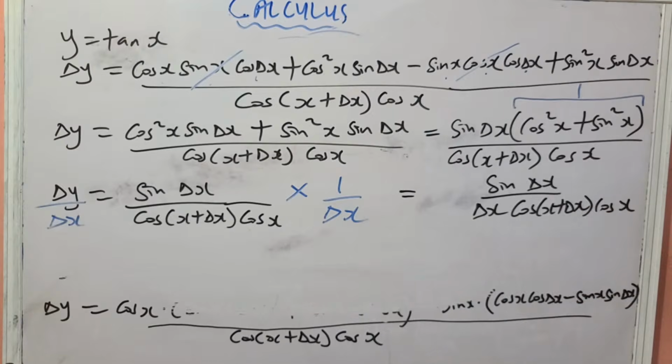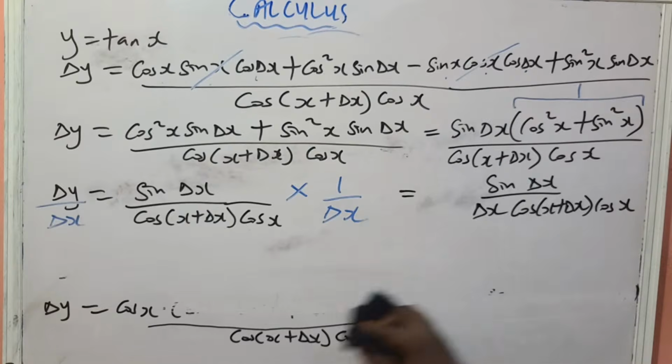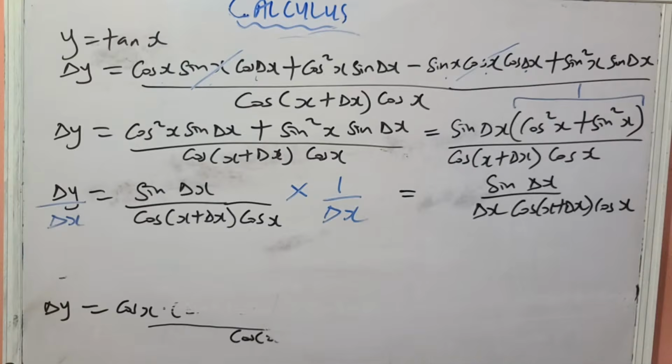And it's now time for us to move straight into our last step, which is step number 4. All right, what is step number 4? Step number 4 is for us to now take the limit of both sides when change in x is tending to 0.